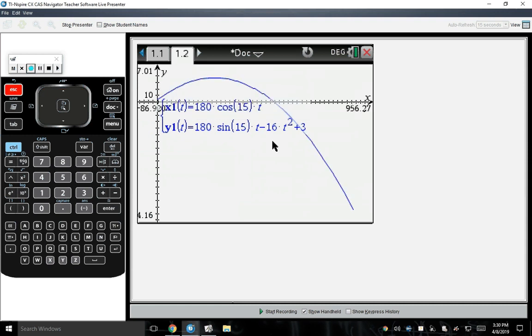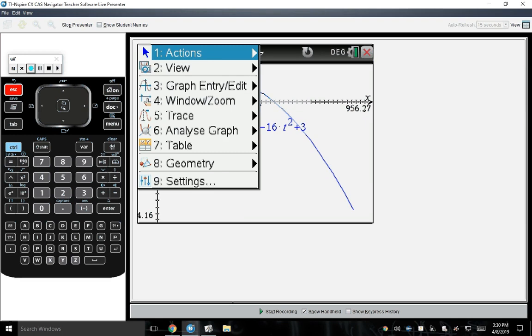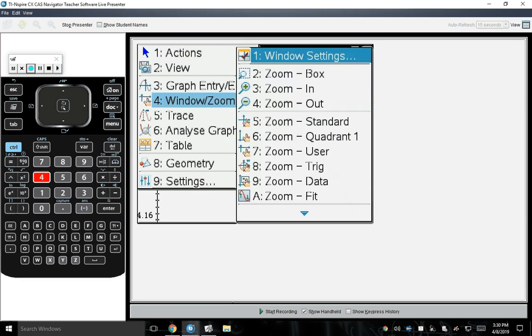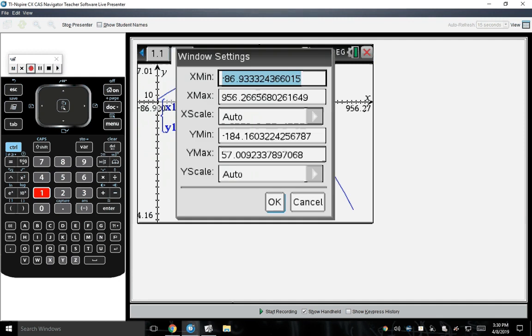So let's try to change the window up some, so we can show just quadrant 1. So let's go menu, 4, 1. And what do you think I should change? Definitely x min should be what? 0. Y min should be 0.